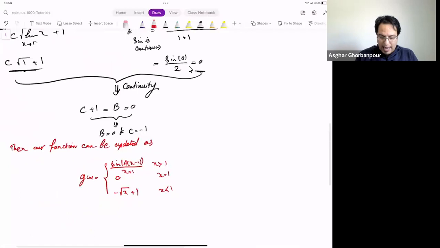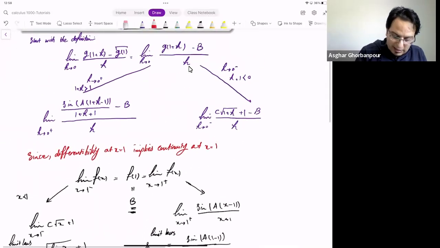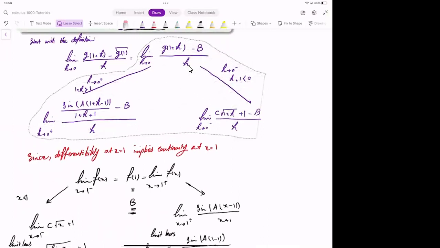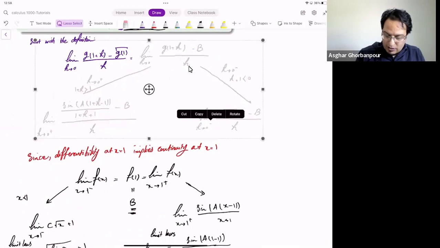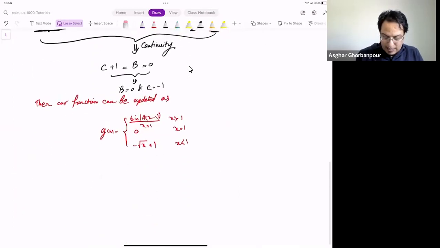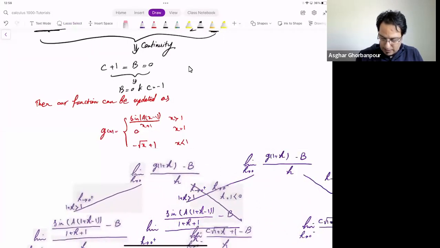Okay, nice. Now I can go ahead and continue doing the work that we started with. But this time I have some values that I can plug in, and then my differentiation will be much easier. So I paste here.